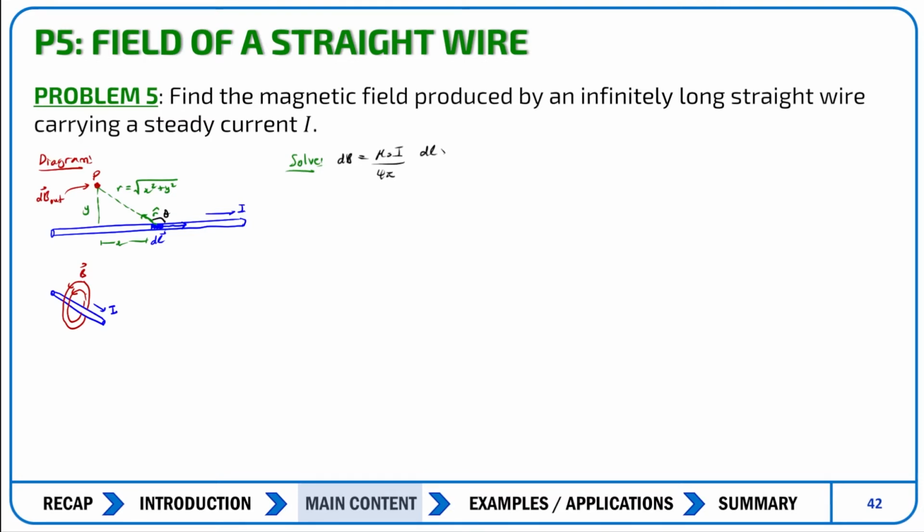We know that we have dl crossed with r hat over r squared. And the first thing is to take a look at the cross product. So we have dl crossed with r hat, giving dl r sine of theta. Sine of theta is equal to, so we take a look, theta is here. We know that sine of theta is going to be y over r.